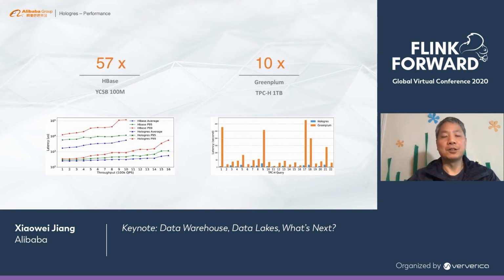For the serving workload, we compared against HBase using the YCSB benchmark, and we saw a 57x improvement in terms of performance. On the other hand, for the analytical workload, we compared against Greenplum using the TPC-H benchmark. Again, we see an order of magnitude improvement in terms of performance.